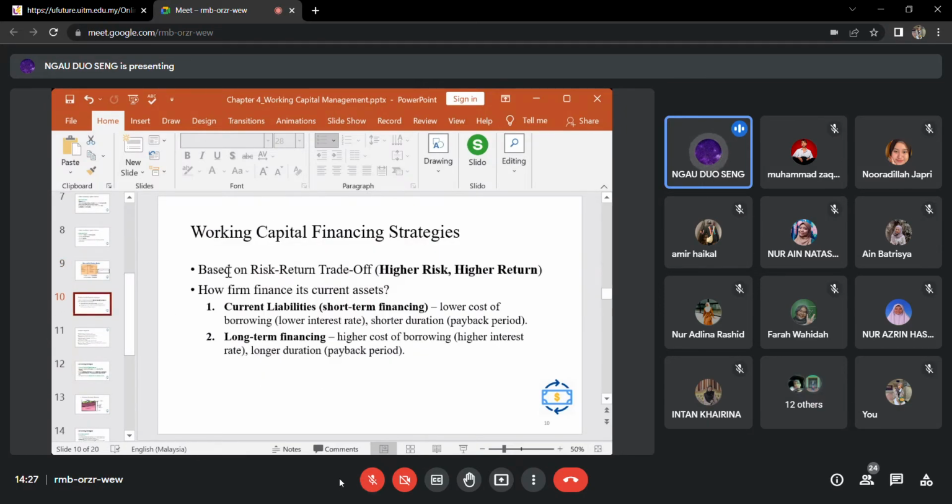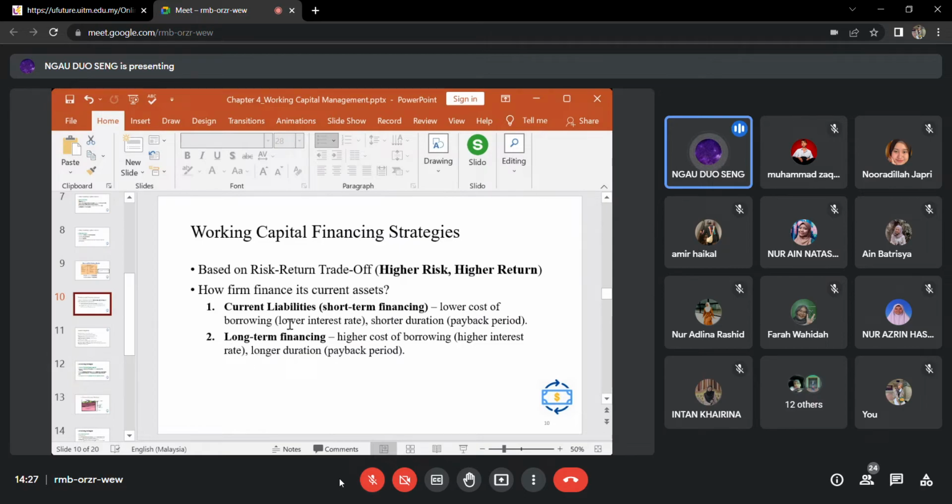Then we have the risk return trade-off. High risk, high return. How does a firm finance its current asset, for example inventory? We can use current liability, short-term financing, which has a lower cost of borrowing, lower interest rate, and shorter duration, meaning you borrow for 1 month, 2 months or even 3 months.